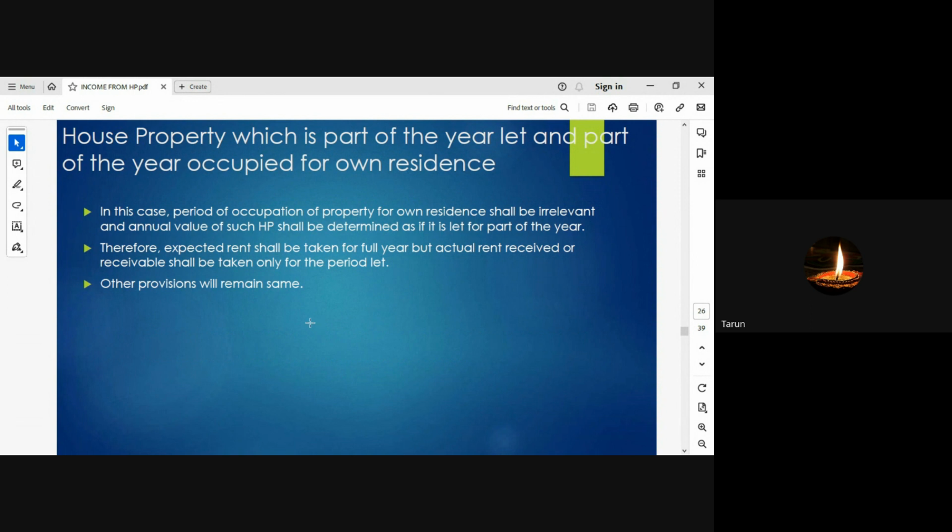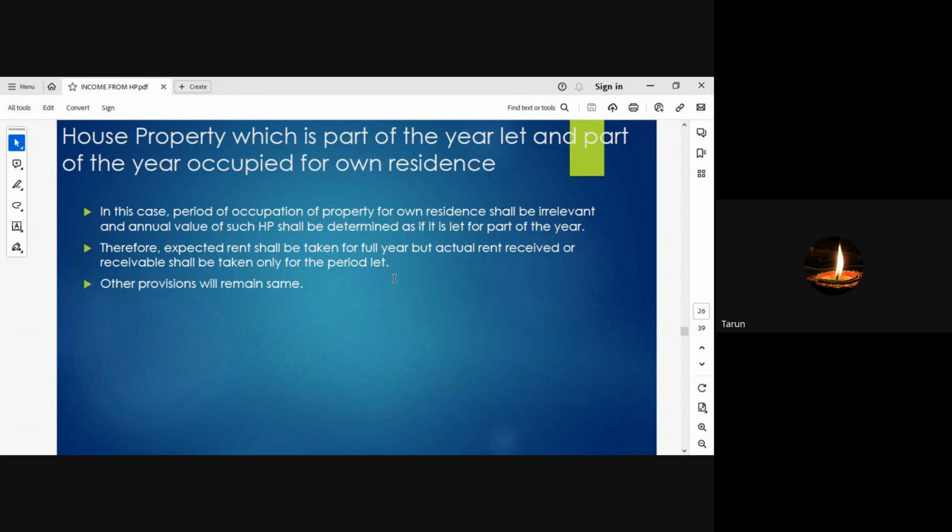The expected rent shall be taken for the full year, but the actual rent received or receivable shall be taken only for the period let. So expected rent is always on an annual basis, but actual rent is calculated periodically. Other provisions remain the same.